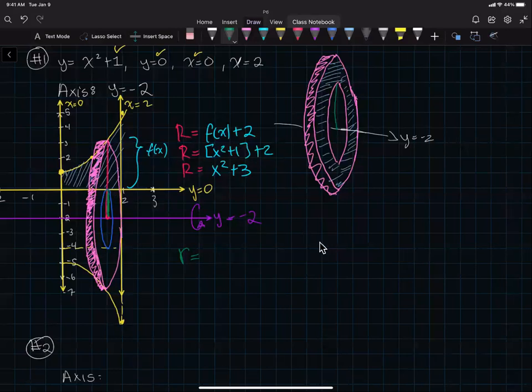So the distance is 2. So my r is 2. And I went ahead and drew a picture here so that you can see clearly what's going on. What I want at the end is only this part to be defined. I'm going to take away the inside.